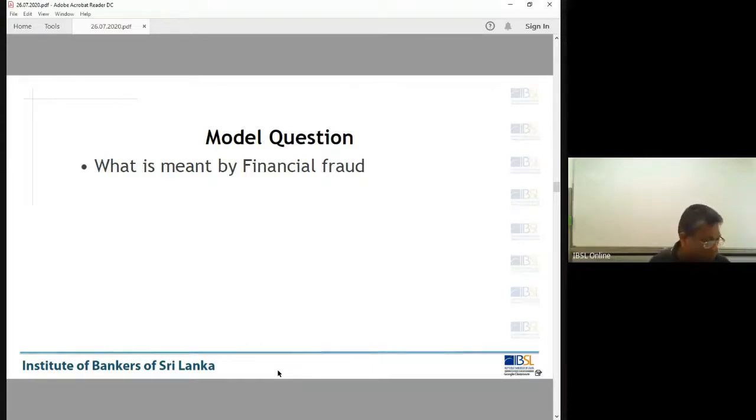I will repeat it again. Financial fraud generally means stealing of funds. First point, stealing of funds. How are we going to do that? Engaging in unauthorized actions or duties. We call that financial fraud.